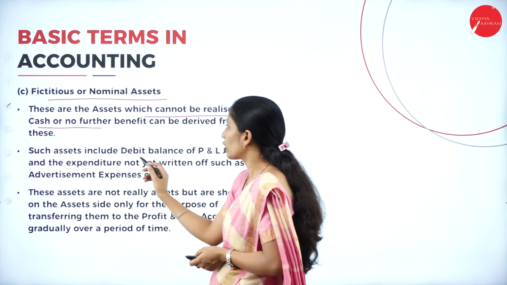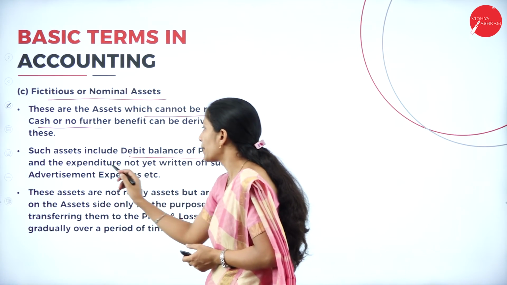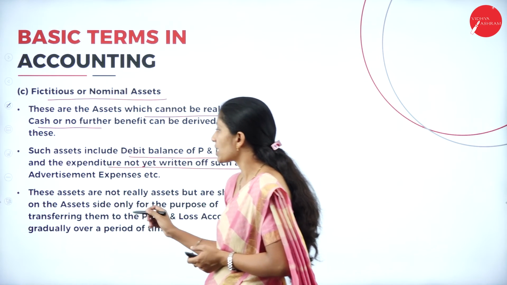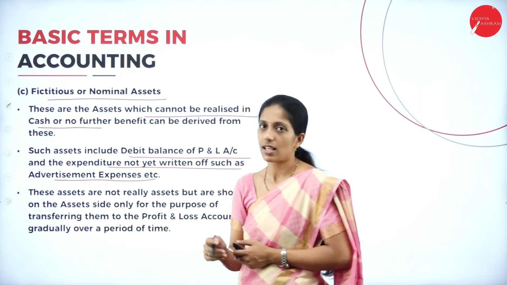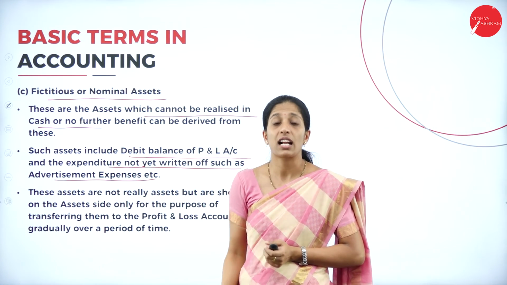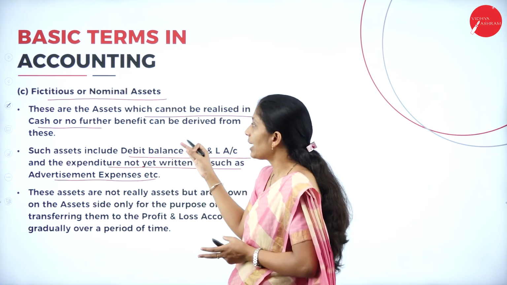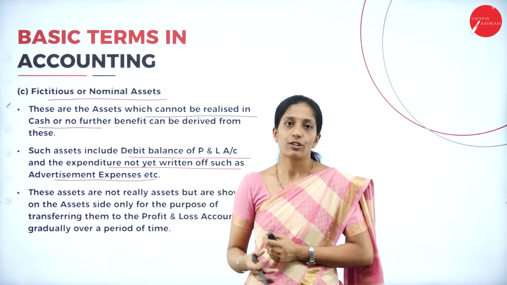Such assets include the debit balance of profit and loss account and expenditure not yet written off, such as advertisement expenses, etc. These are examples of nominal assets where we can't expect any benefit in the future and they cannot be converted into cash.